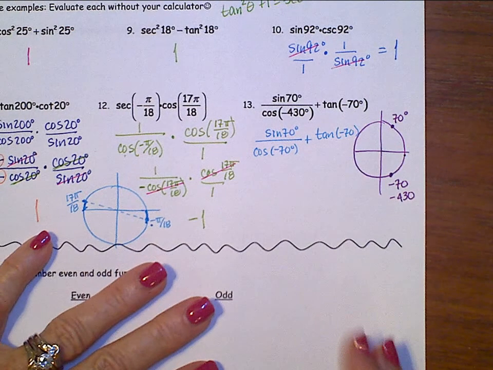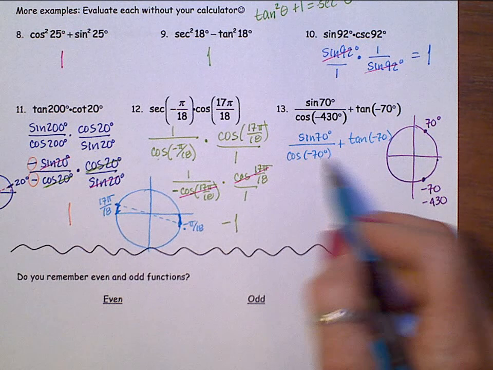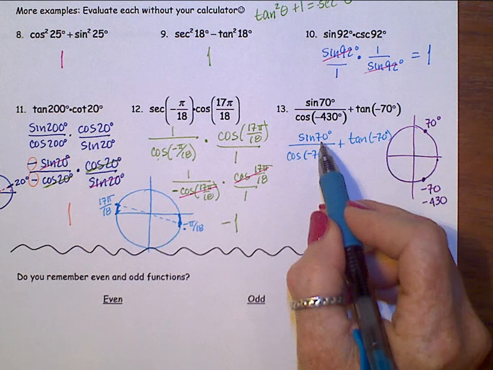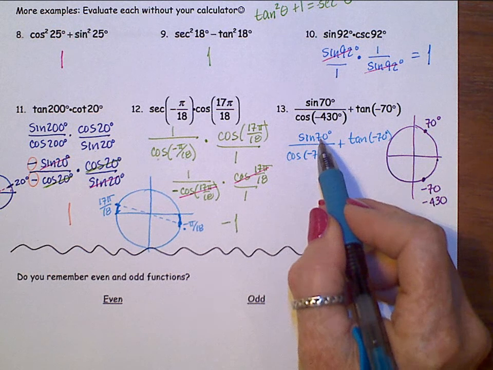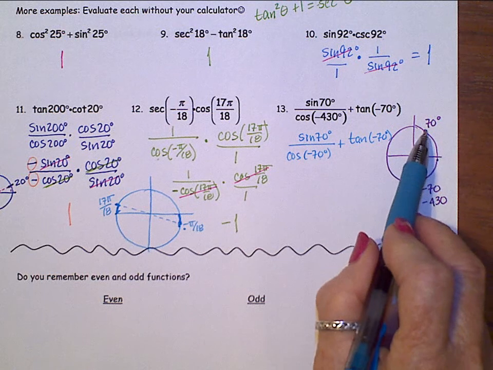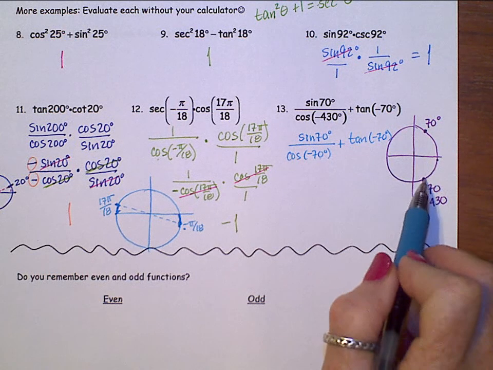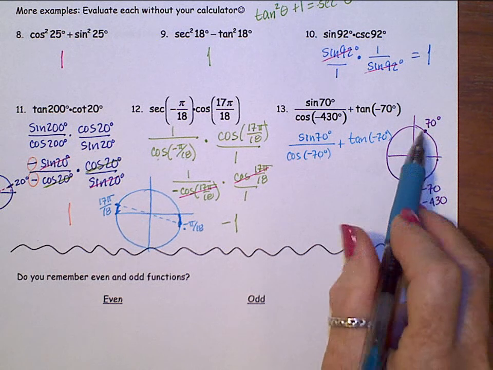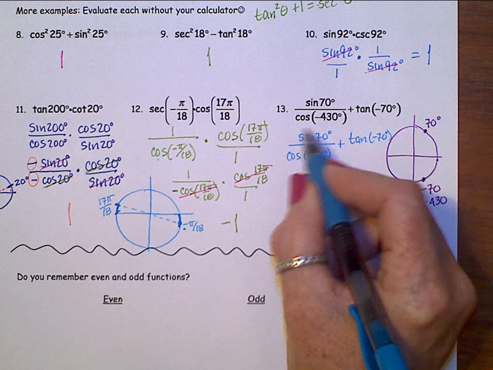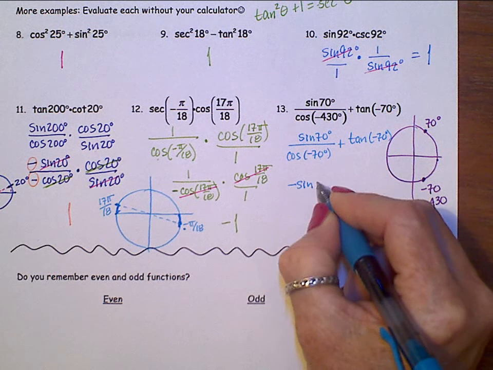All right, so looking at all of this, I have a -70 here and a -70 there and a +70 here. Why don't we change this +70 into a -70? So the sine here at 70 degrees compared to the sine at -70. Y values, those are opposites. So this sine of 70 is the opposite of the sine of -70.